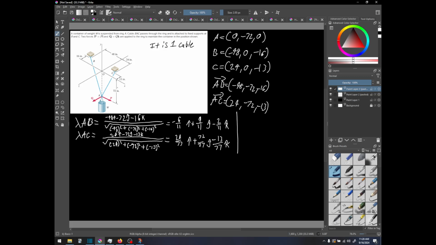If we know that it's one cable and these are the same, what we could say then is we have tension i hat, tension j hat, tension k hat. Just for this problem, but you'd have to remember too, I'll put an asterisk, that TAB and TAC is equal to TAB lambda AB.